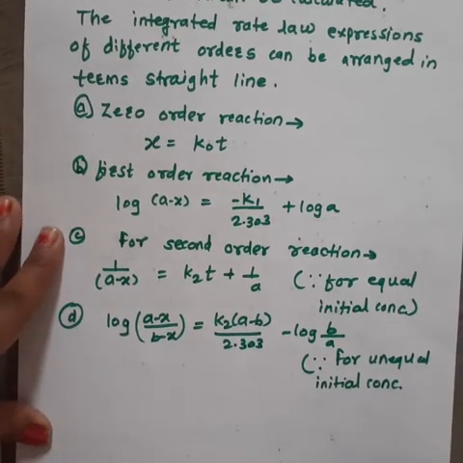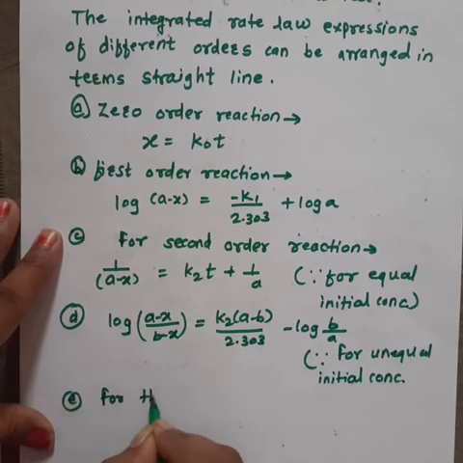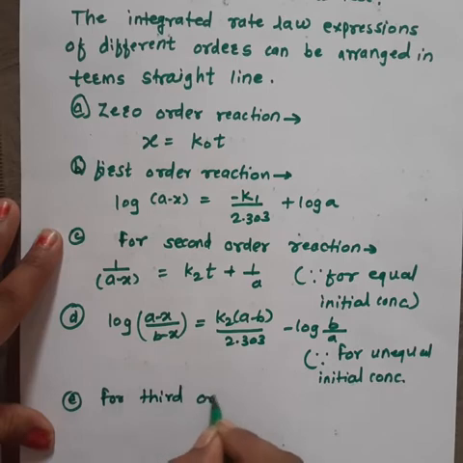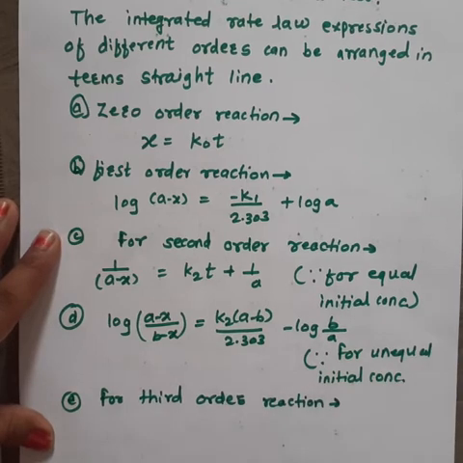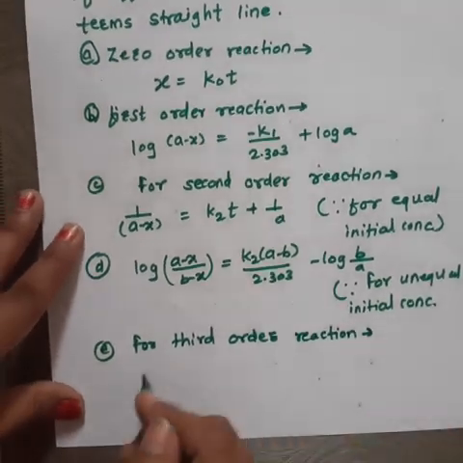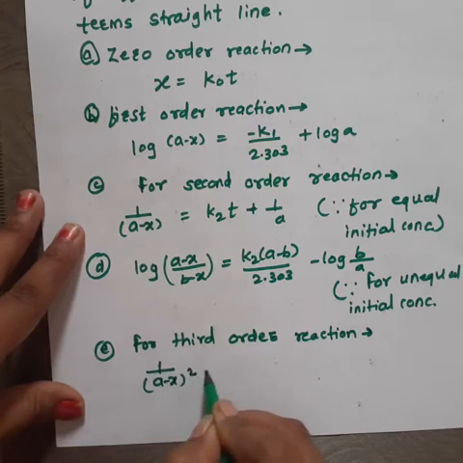So next is the third order reaction. For third order reaction, this is not in your syllabus. You will study this third order reaction in TYBSc. For third order reaction, the equation is 1 upon a minus x whole square is equal to twice k3 into t plus 1 upon a square. You have to remember this equation.